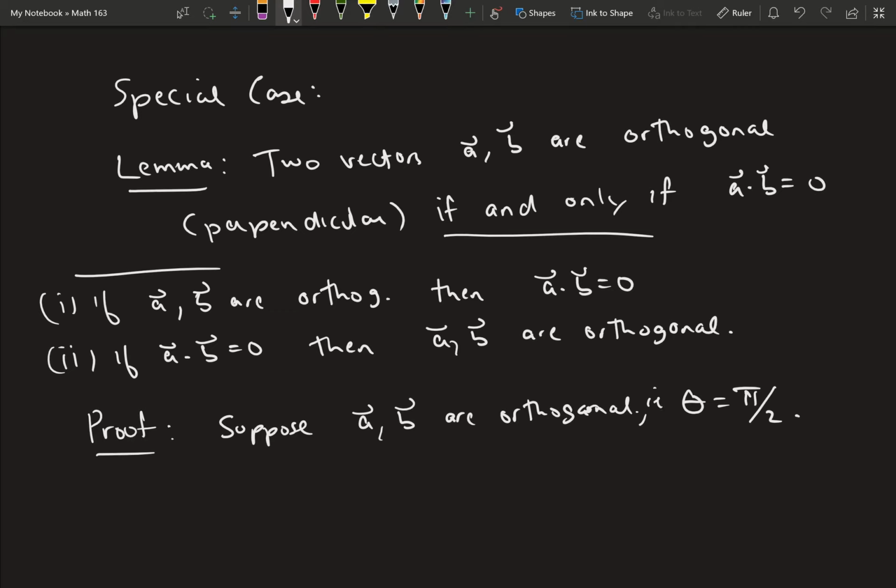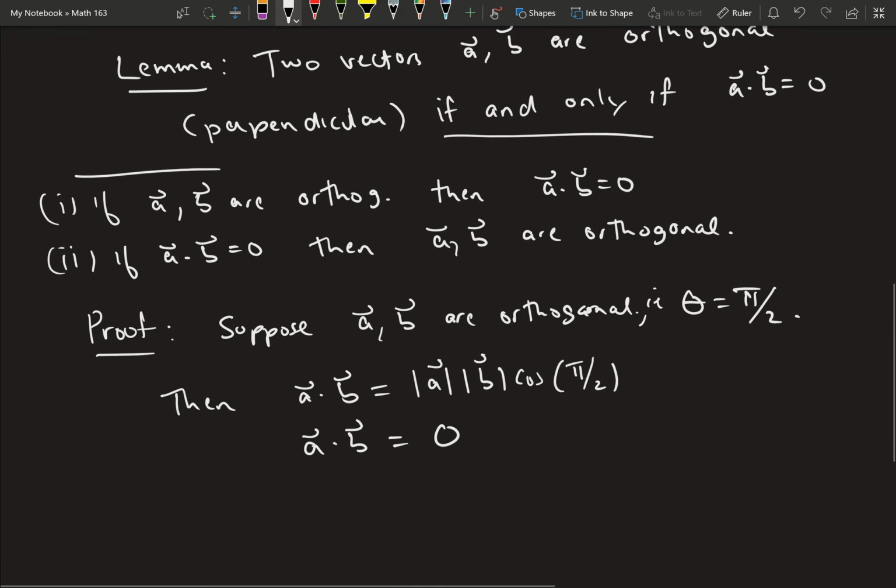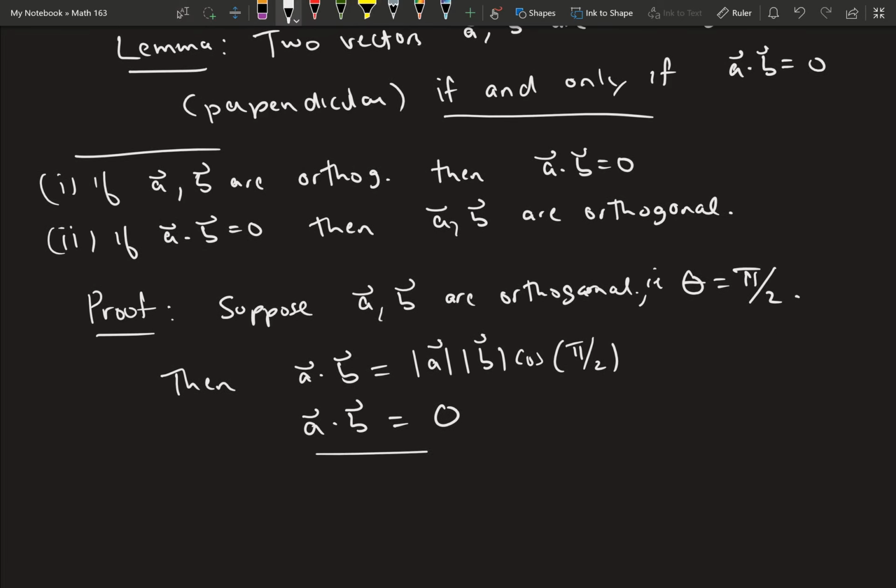Then A dot B is equal to the length of A times the length of B cosine of pi over 2. Well, cosine of pi over 2 is 0, so this just means that this is 0. So that's part 1.